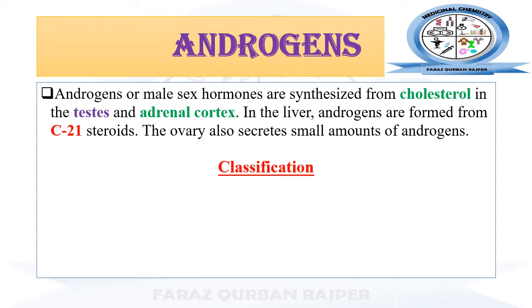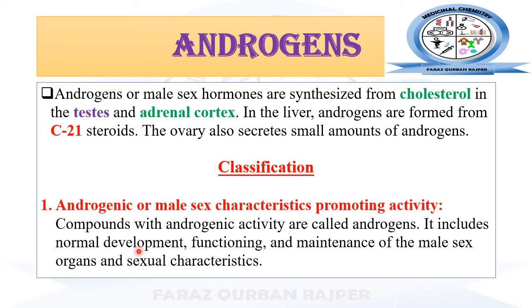Classification of androgens. Androgens are mainly classified on the basis of their physiological activity or biological action inside the human body. They are androgenic, or male characteristic promoting activity, meaning these are those androgens which mainly have androgenic activity.